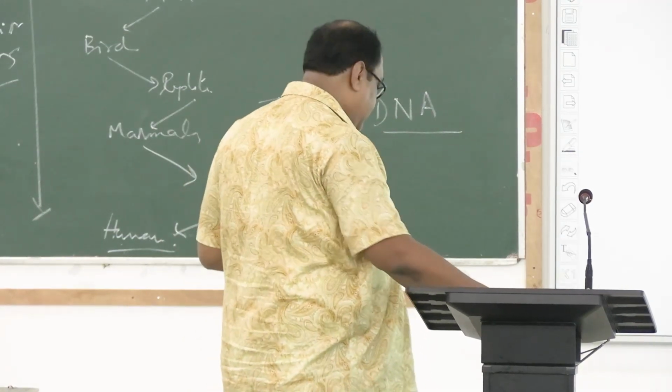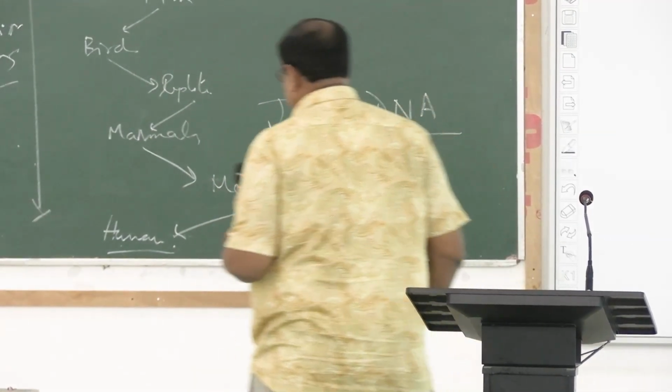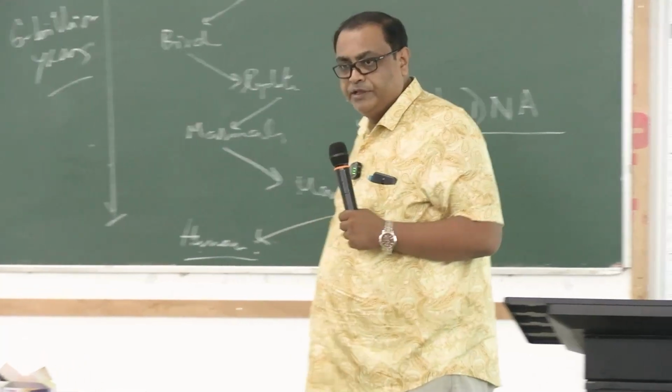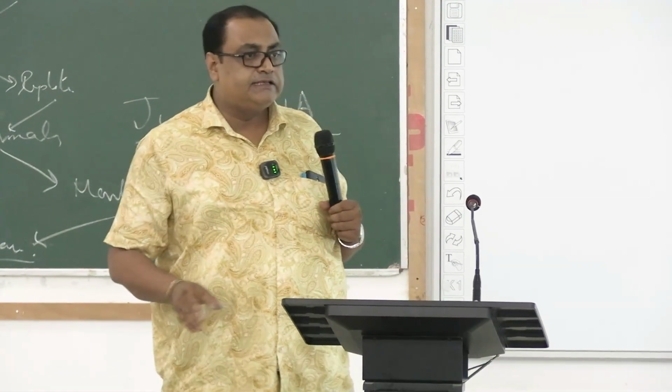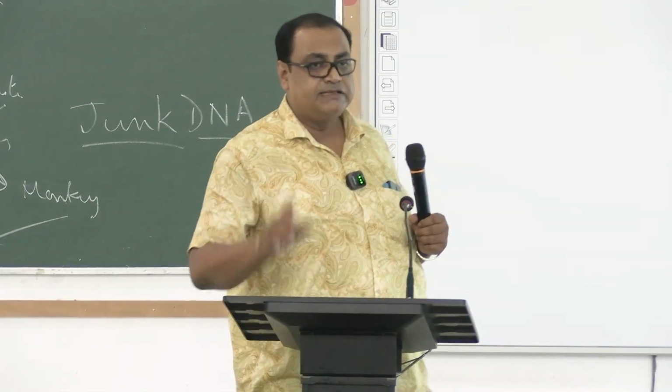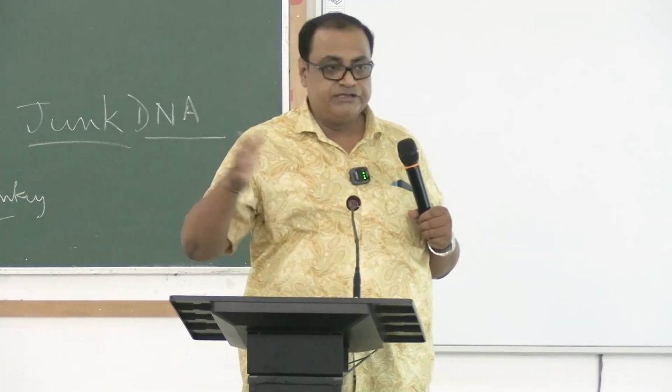And this particular 99% is called junk DNA. Junk DNA is as important as that 1% DNA, which makes sure that we have differences between two individual organisms. Without the junk DNA, we would not be what we are now.